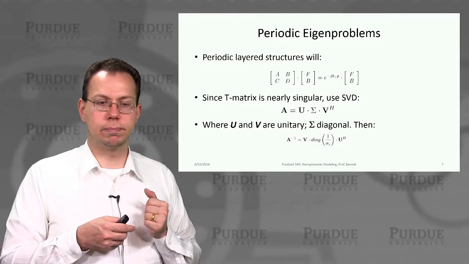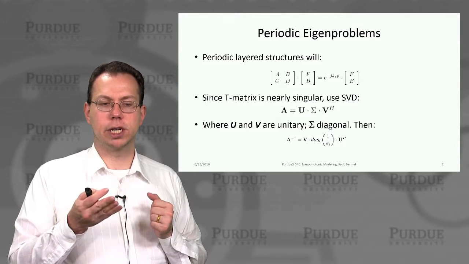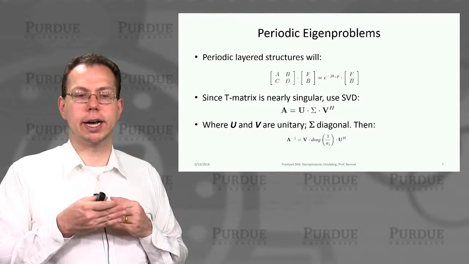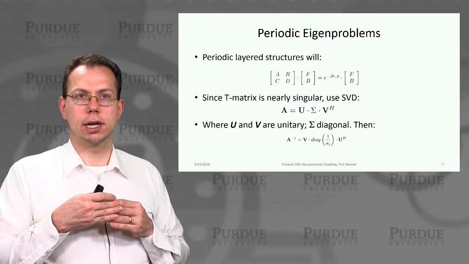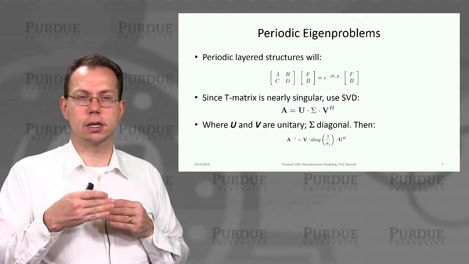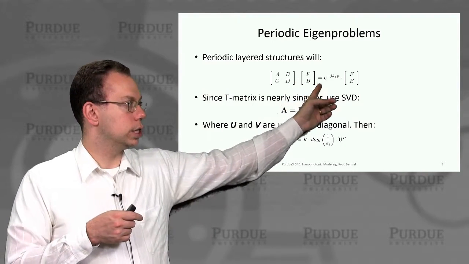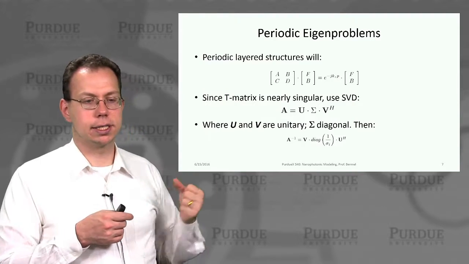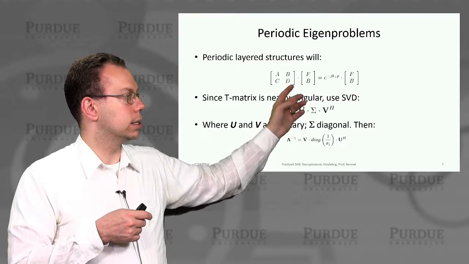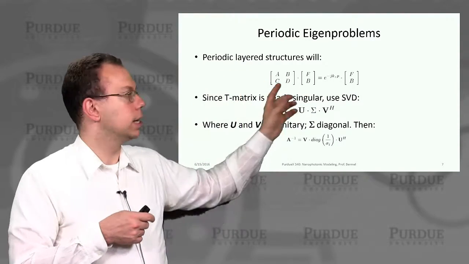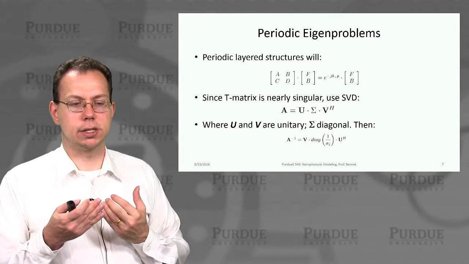Another thing that we can do that's really interesting with this sort of formulation is that if we have periodic layered structures, like a simple repeated bilayer, a quarter wave stack, then we can write down a solution in the semi-infinite case that would have to be an eigenproblem, where ABCD is our repeated matrix, and then we would have some sort of propagation coefficient through that repeated structure.